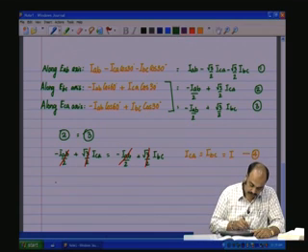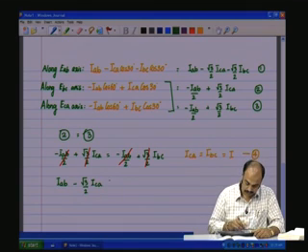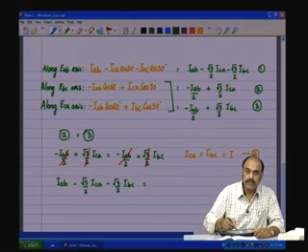So, now we have IAB minus root 3 by 2 ICA minus root 3 by 2 IBC is equal to any one of these two currents, because we have already equated these two.